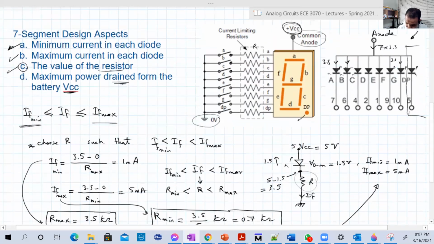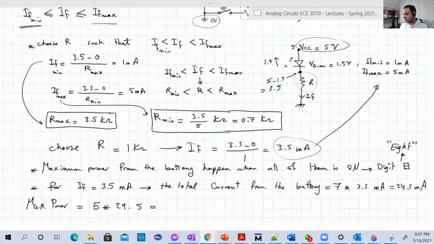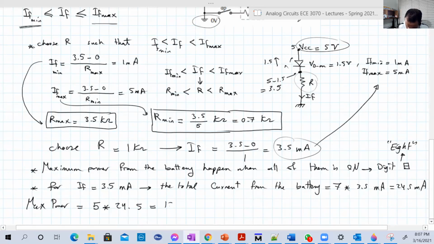The battery voltage is 5, we have it here. Multiplied by 24.5 milli. So let's do that. This will be 122.5 milliwatts.